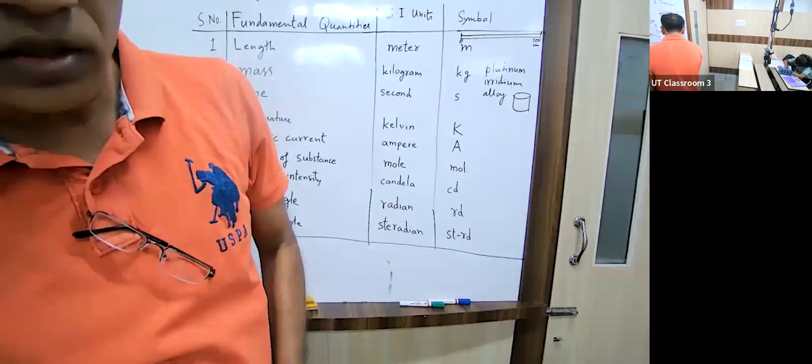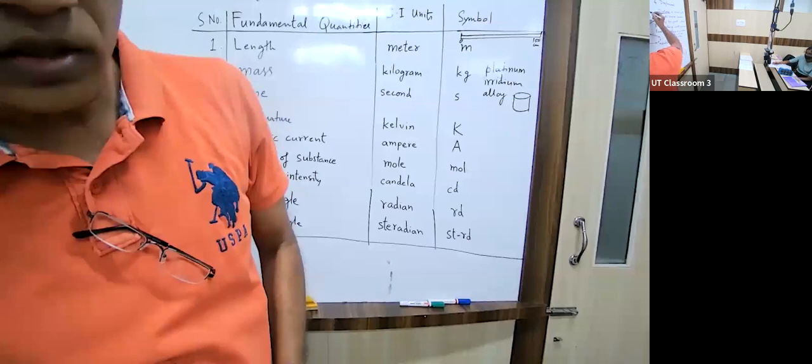Direction. You cannot describe a vector quantity without also specifying its direction. Like when I say displacement, I would say that this is 100 kilometers. And what is the direction? Along east.